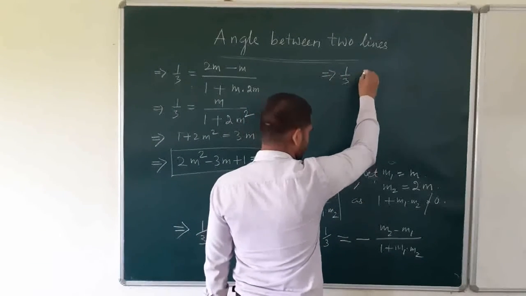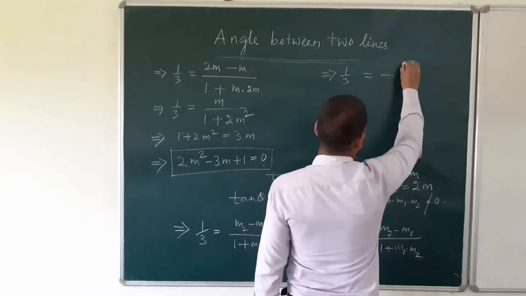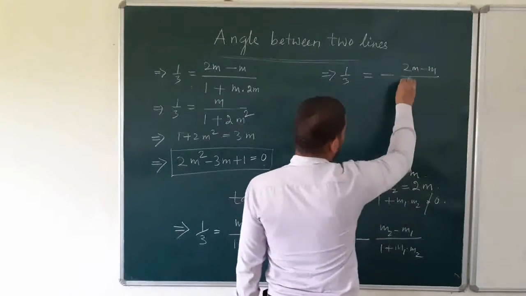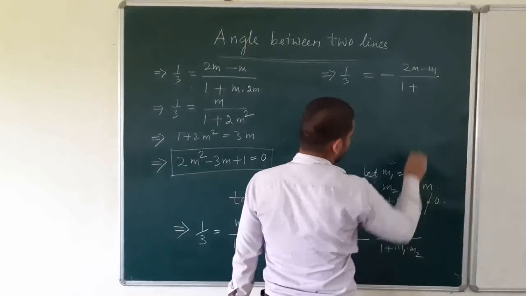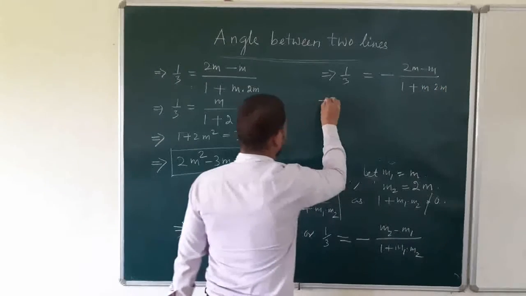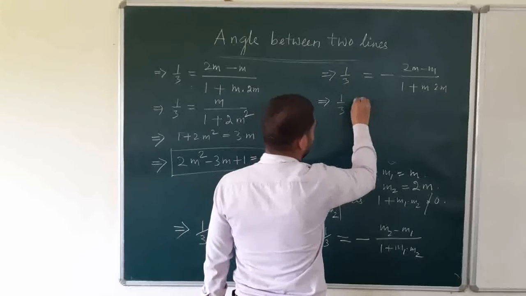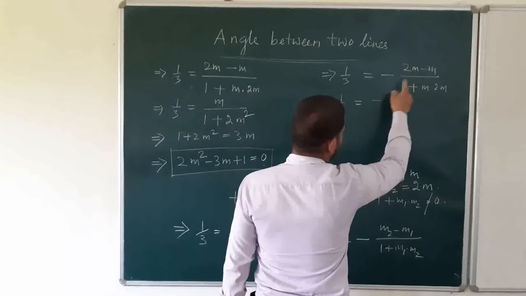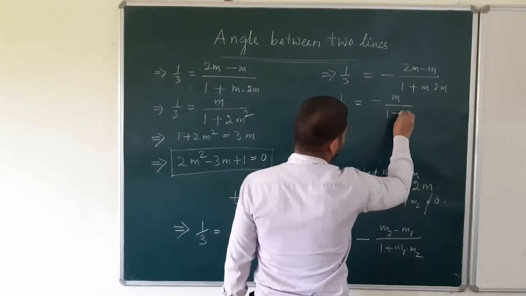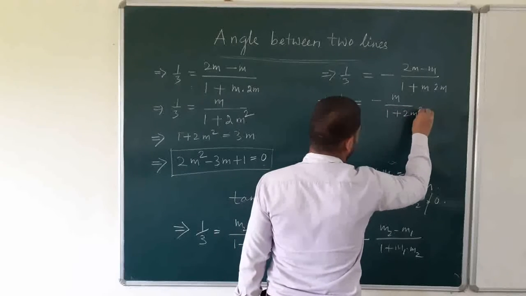1 by 3 is equal to M minus 2M by 1 plus M into 2M, that is equal to 1 by 3, equal to minus M by 1 plus 2M square.